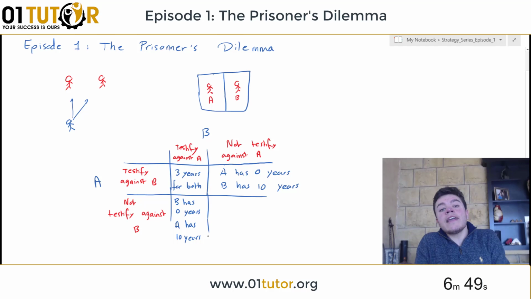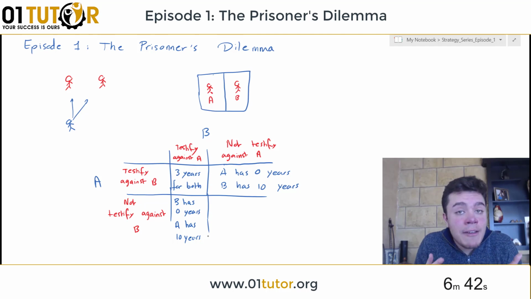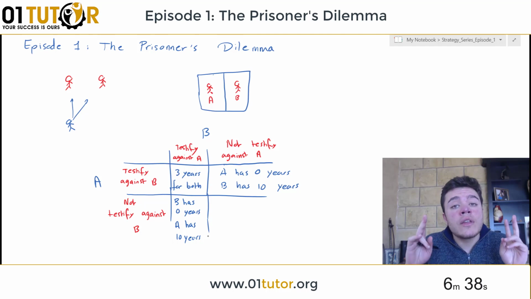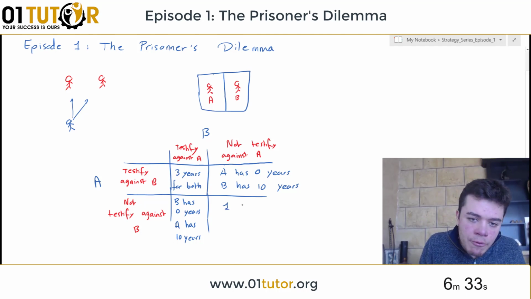And the final case: if both of them did not testify against each other, the police officer would not have enough evidence to put them both in prison for long, so they would both have 1 year of prison. So in here, 1 year for both.